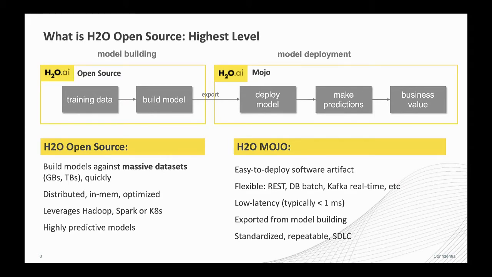It could be in a Kafka stream, predicting as it pulls messages off the Kafka flow. So the point is that this artifact is easy to deploy in all kinds of different situations to achieve that business value that you're going after.